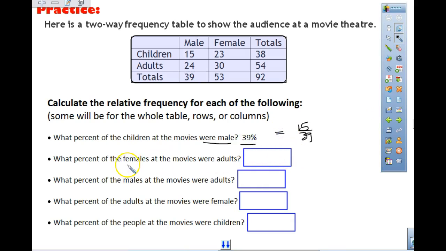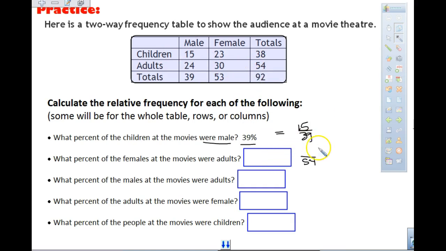So next we're going to look at percentage of females at the movie that were adults. So I should be dividing by, if I'm looking at this, 54. We're adults. Total adults, 54.